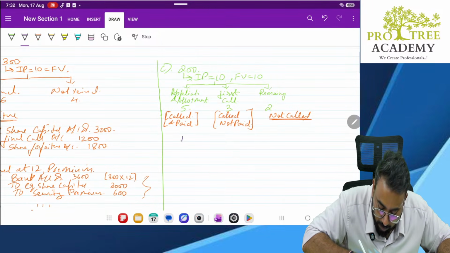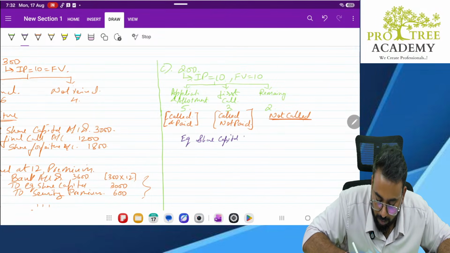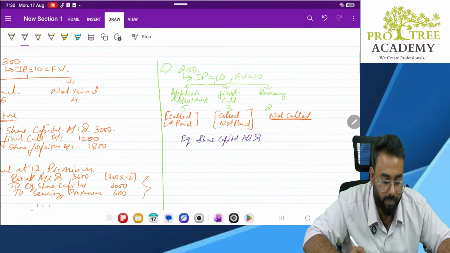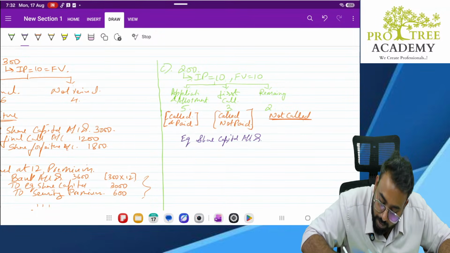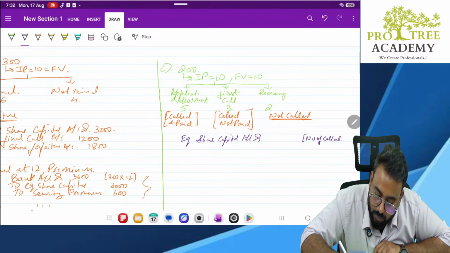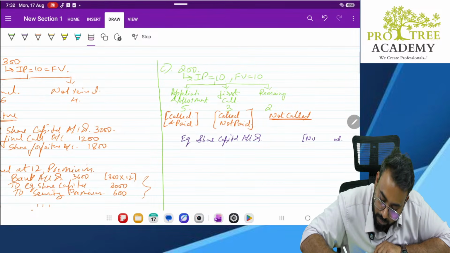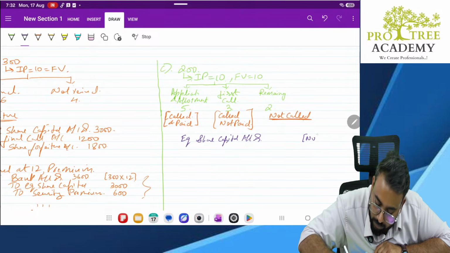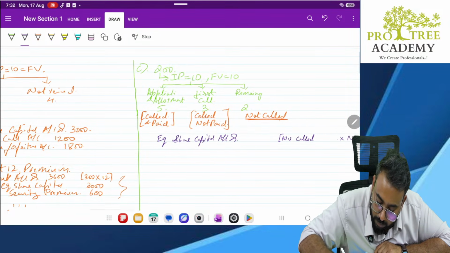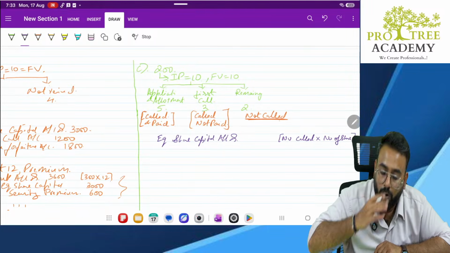How will you pass it? Equity share capital account debit. How much? Only the nominal value called on the number of shares.